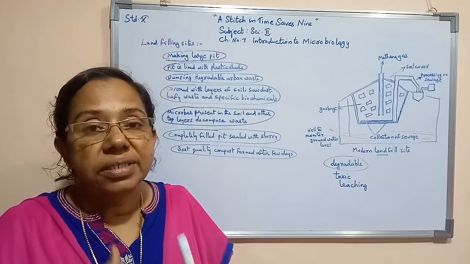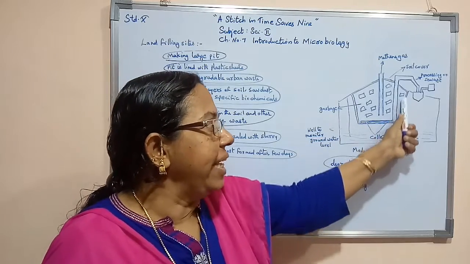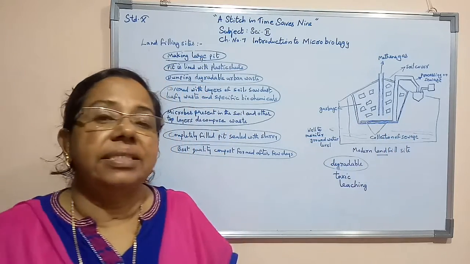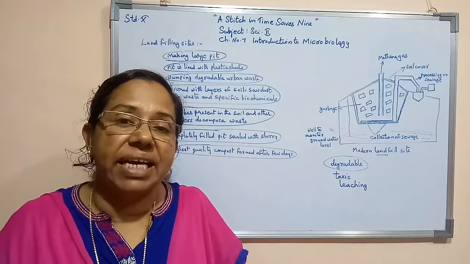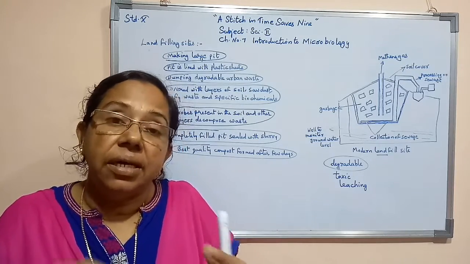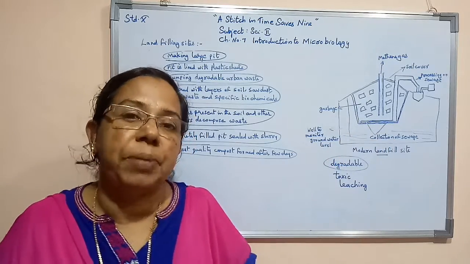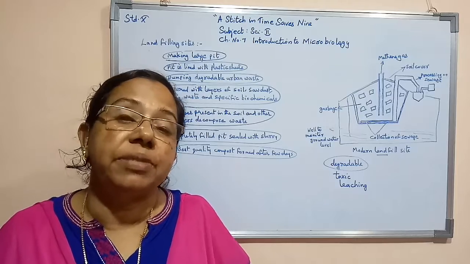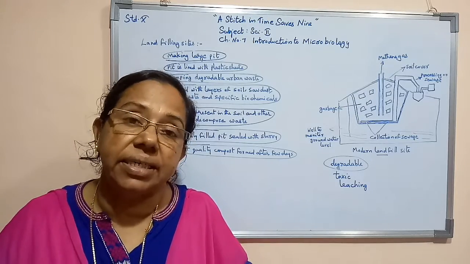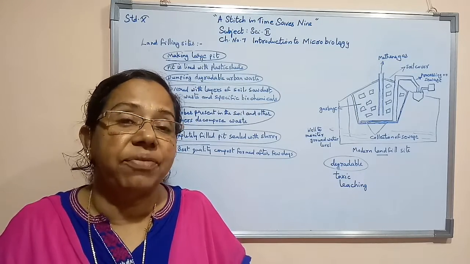Then for protecting the soil, we cover or line this pit, the well, with the plastic sheet. Then all the reactions will take place inside this large pit. Microorganisms will react with the waste products. They decompose it. From that a gaseous matter will come out.